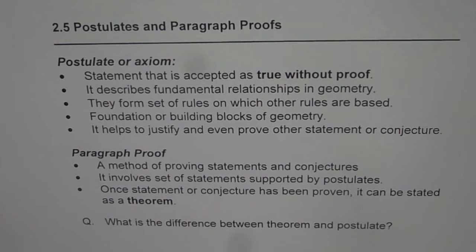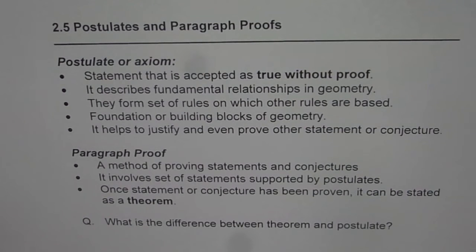So as you know, a postulate or axiom is a statement that is accepted without any proof. It describes fundamental relationships in geometry. We'll have about 7 postulates here which will describe relationships between points, lines, and planes.